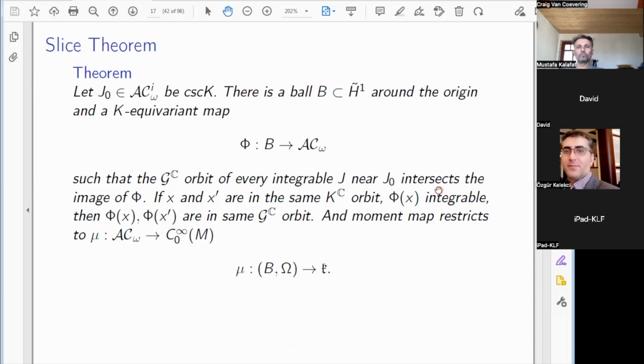So the problem I've worked on is deforming a constant scalar curvature Kähler or extremal Kähler metric. So start with, so here I'll just, for simplicity, consider the constant scalar curvature Kähler case.